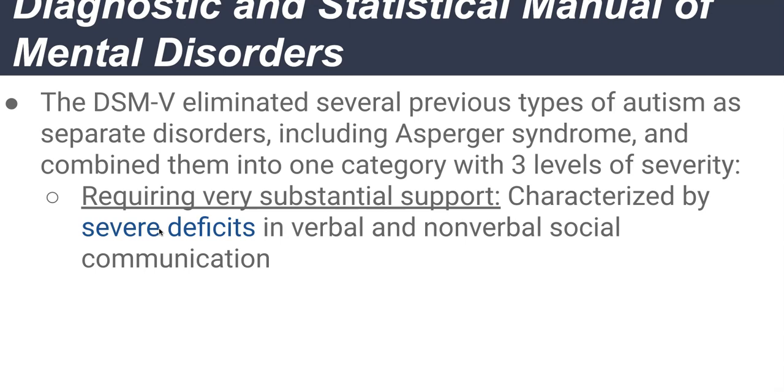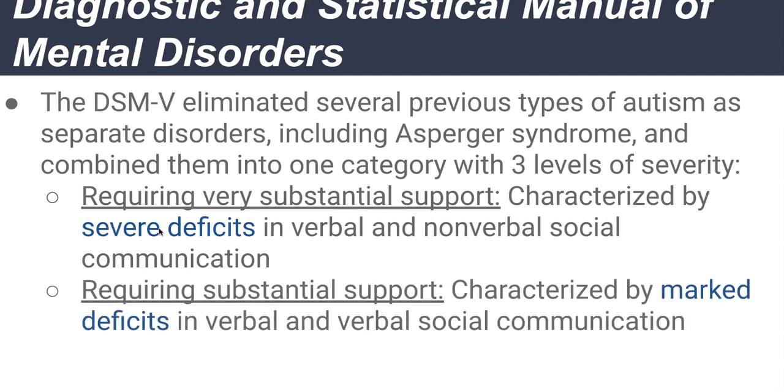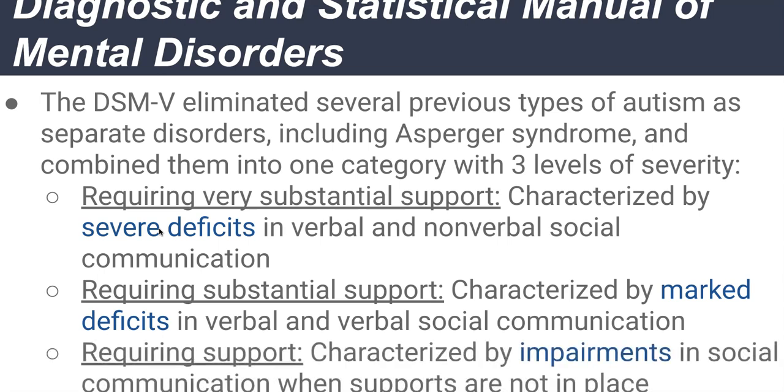So those requiring very substantial support, so severe deficits in verbal and nonverbal social communication, those requiring substantial support, characterized by marked deficits in verbal and nonverbal social communication, and those requiring support, characterized by impairments in social communication when supports are not in place.